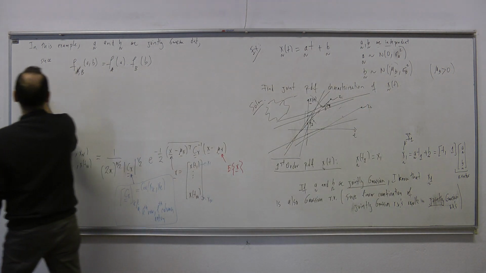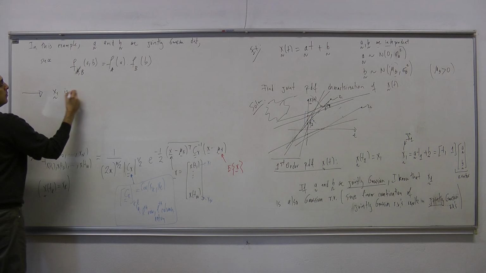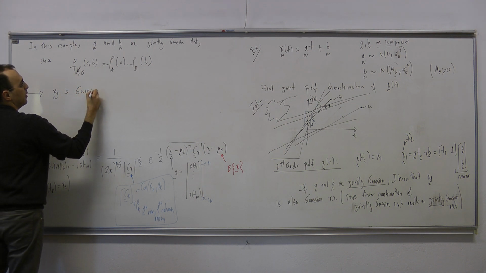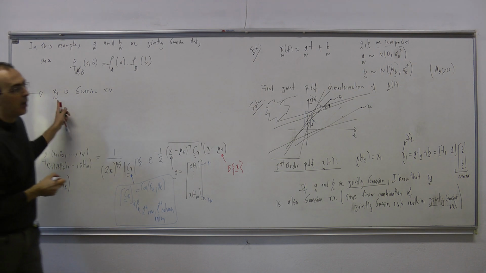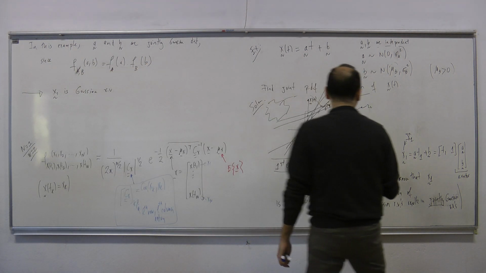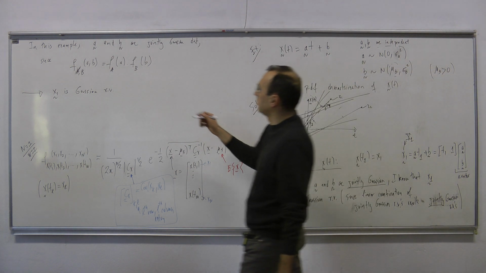Then, finally, x1 is a Gaussian random variable. So how do I define x1 then? I need the mean value of x1 and the variance of x1. That is it.